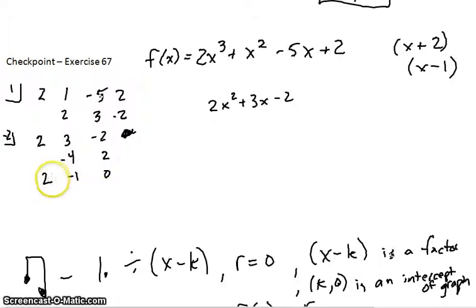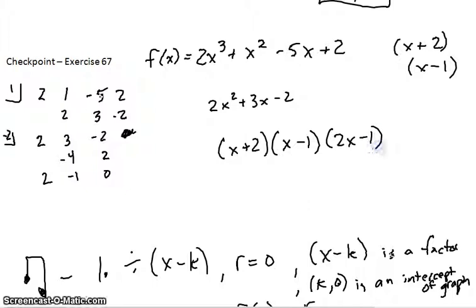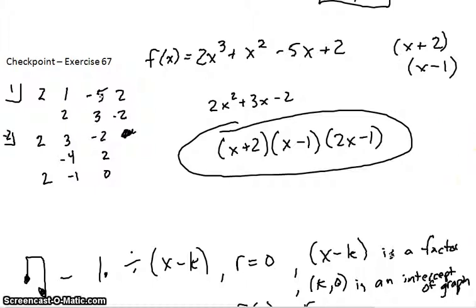And I'm left with 2x minus 1. So my first factor is x plus 2. My second factor is x minus 1. The remaining thing is 2x minus 1. I can't factor that anymore because that's a linear term. Here is my simplified factored answer. So these are my factors here.